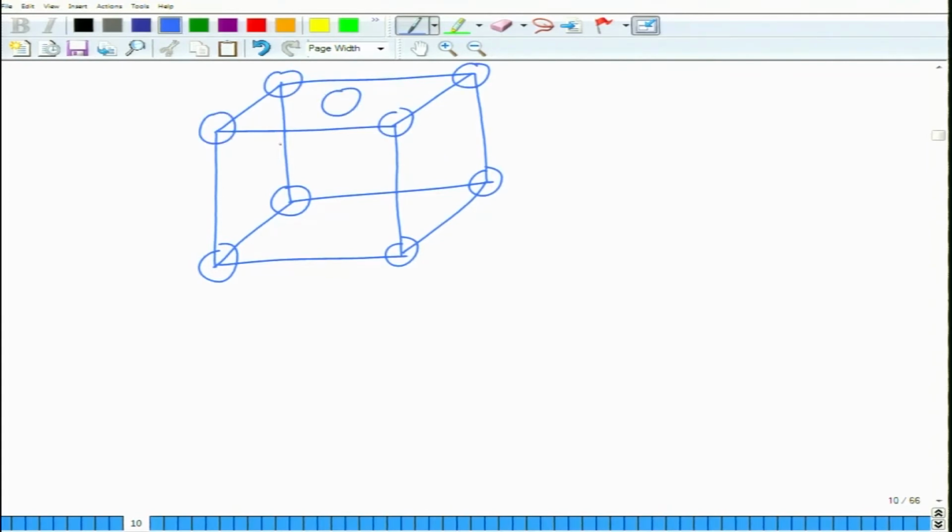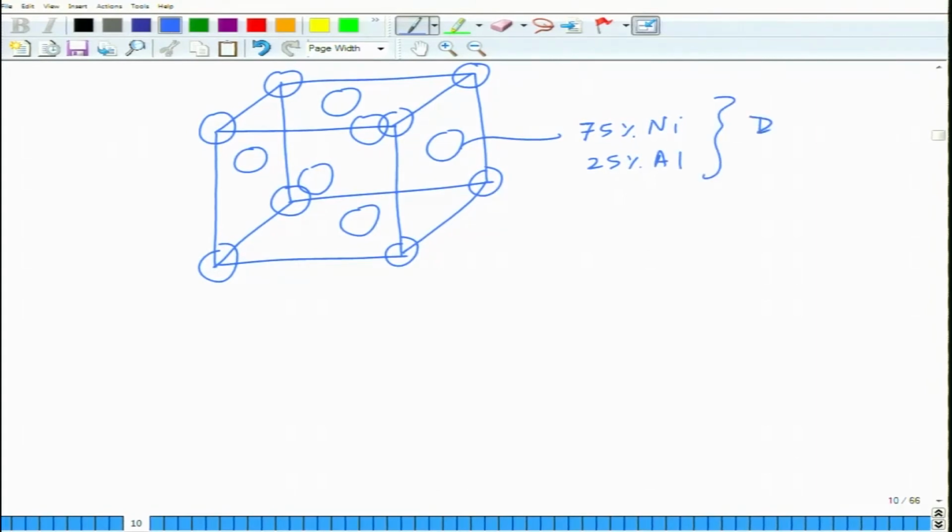So when it is disordered, each atom can be considered as 75% nickel and 25% aluminum in disordered form. This is Ni3Al.